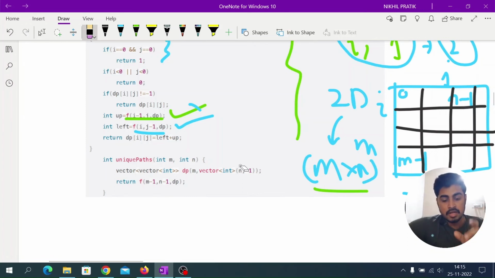If that value is not negative, then I can surely say that the recursive function has been solved and the value has been stored in that particular cell, right? But if there is a value of minus 1, I can definitely say that the recursion function hasn't been solved, right?